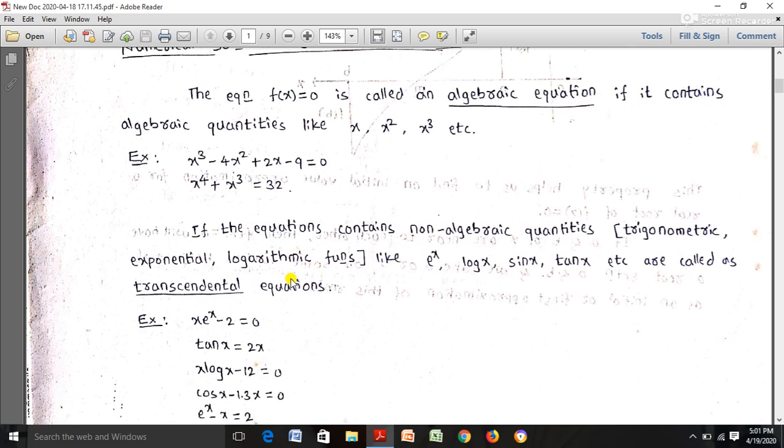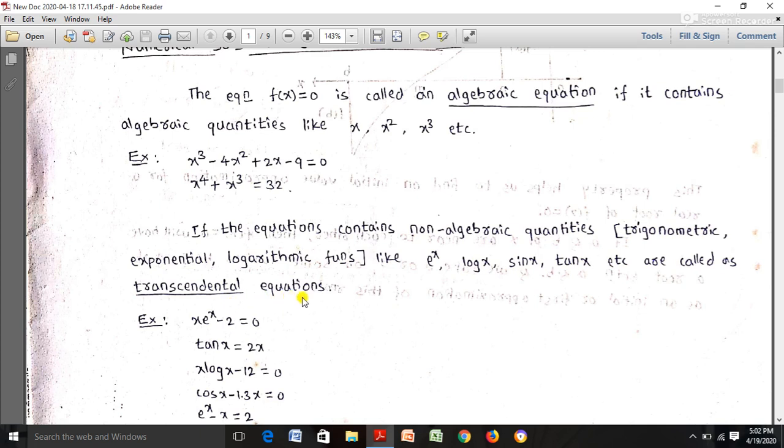Next, if the given equation contains non-algebraic quantities, such as trigonometric, exponential and logarithmic functions like e raised to x, log x, sin x, tan x, etc., they are called transcendental equations.